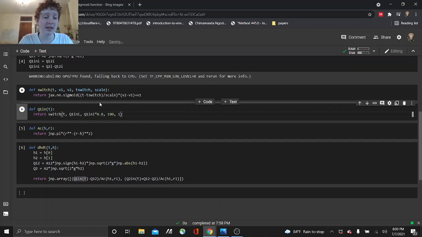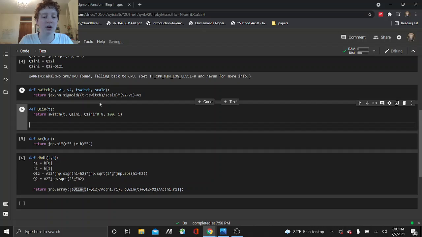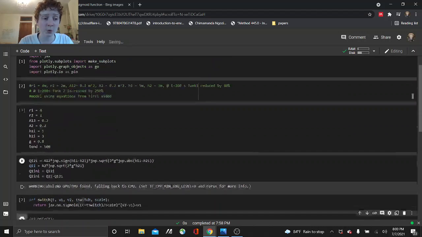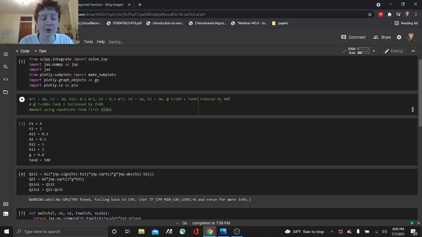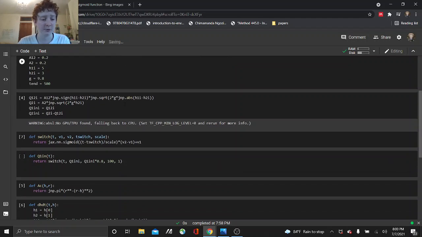Then we're going to do the same exact thing for our Q2, because we're also told that the flow rate Q2 going into tank 2 at 200 seconds increases by 250%.